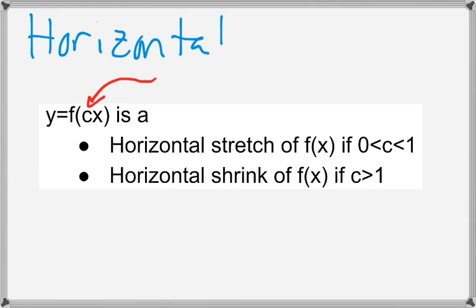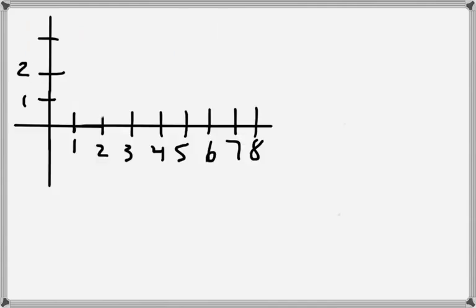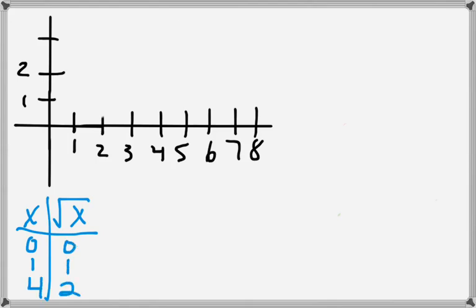So again, we're seeing that the x direction often behaves kind of backwards from what we might expect, but that's the way it works out. So let's take our basic square root function here, and I'm just going to pick some x values that will give us nice integer y values here.